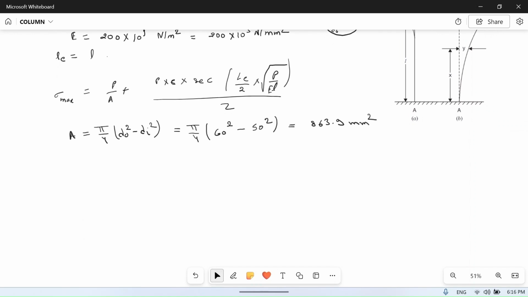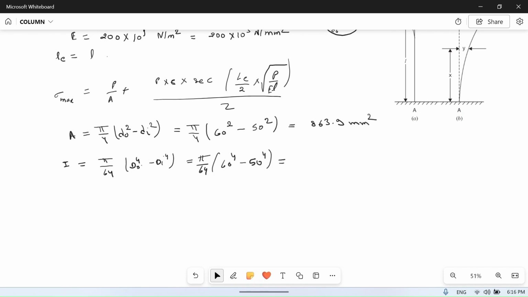Now what will be the I? We have to find Z, section modulus, which is equal to I by Y. So we will find I, moment of inertia, which is equal to pi by 64 into DO to the power 4 minus DI to the power 4, which will be equal to pi by 64 into 60 to the power 4 minus 50 to the power 4.